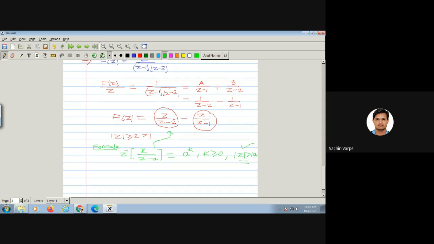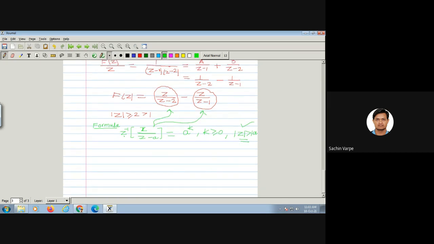If mod z is less than a, then it will be minus a raised to k, for k less than 0. So we apply this formula to both of these. Therefore, f of k means the inverse Z transform.